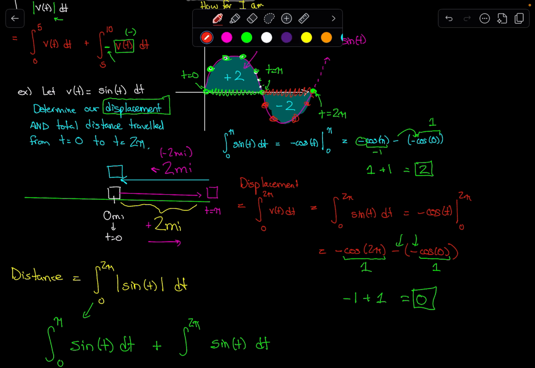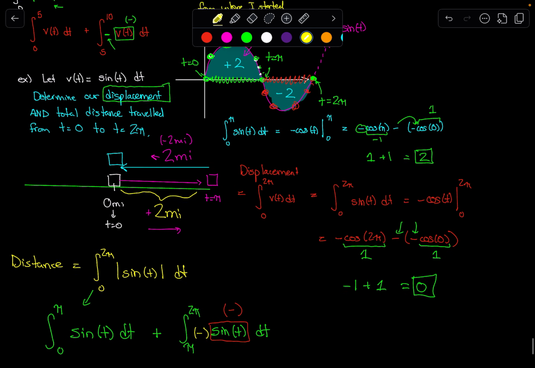My interval is supposed to be from pi to 2 pi. Sorry about that. So what do I know about the value of sine of t on the interval from pi to 2 pi? Well, I know that all of these y values are going to be negative, so I'm going to throw in a negative right here in the front so that these negatives will cancel out and give me a positive.